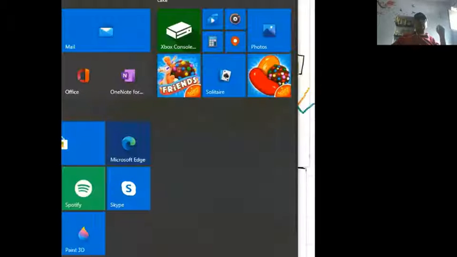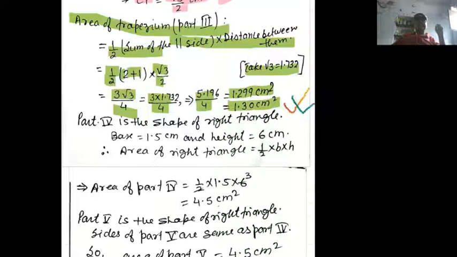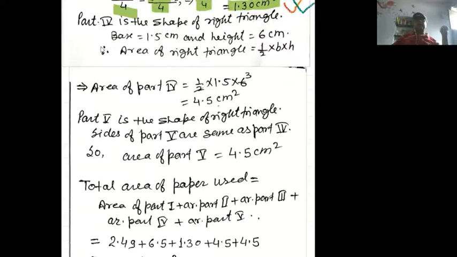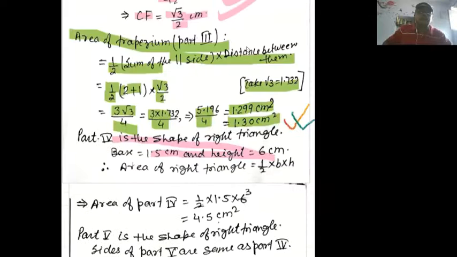Now the fourth part is a triangle whose base is 1.5 centimeter and height is 6 centimeter.